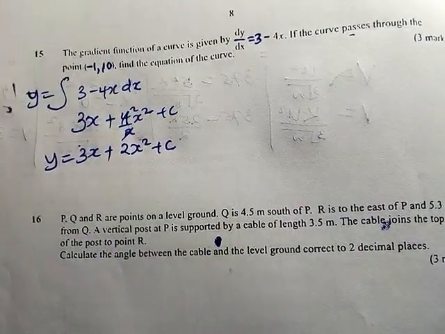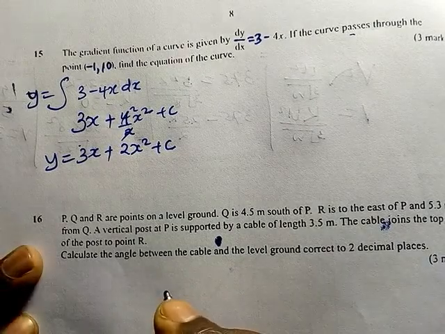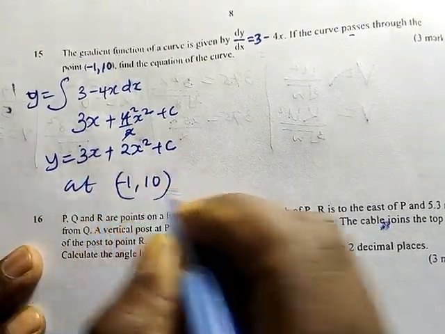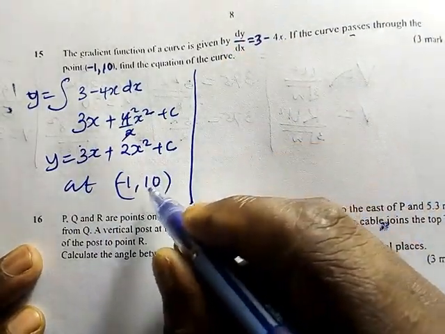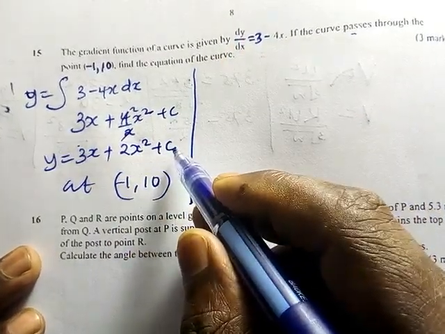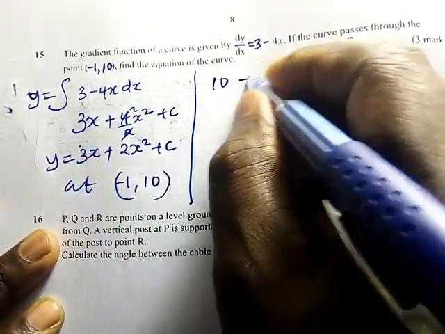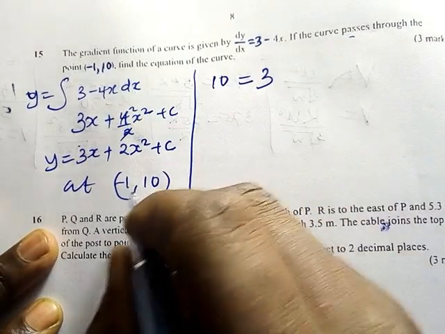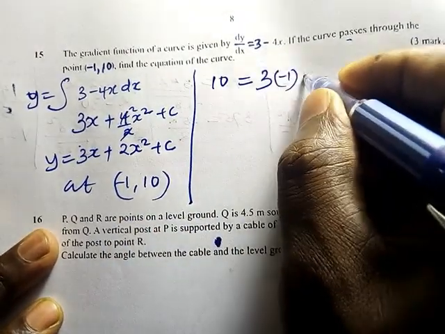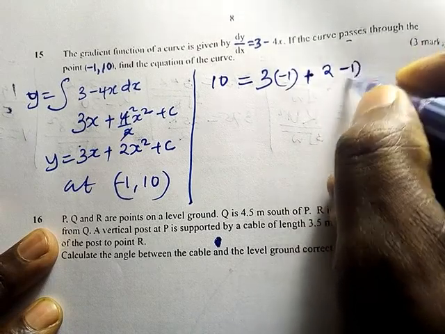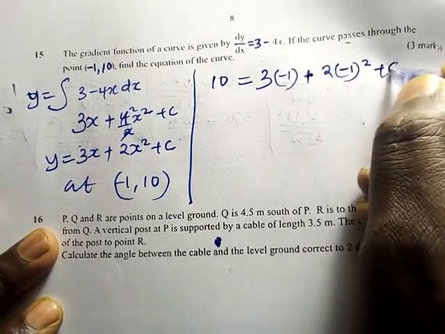We have been told that at the point -1, 10, we substitute these values into this equation and find the value of c. So y is 10, equal to 3 times -1, minus 2 times -1 squared, plus c.